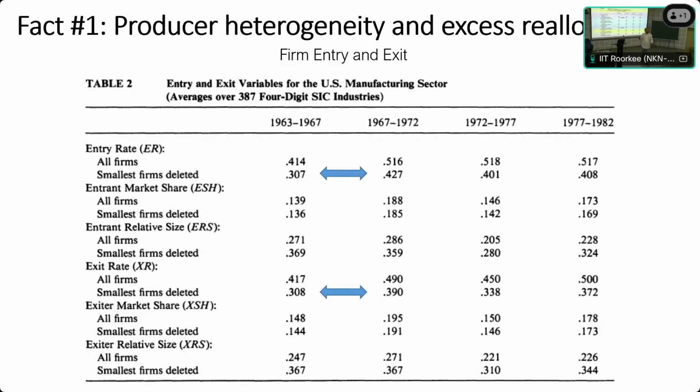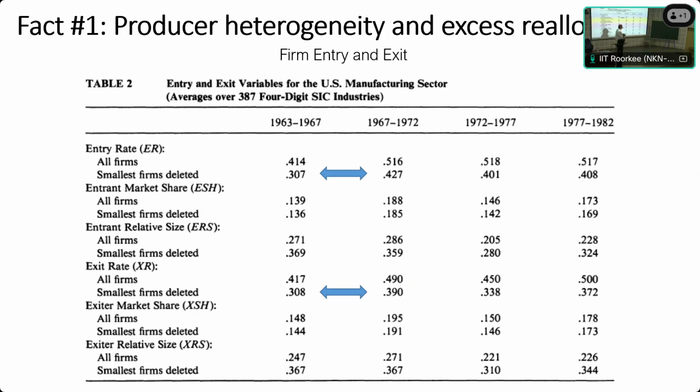But the problem is the exit. Exit also matters because you need churning in the market. If the churning doesn't happen, it creates a misallocation problem, because you are not using resources efficiently. You are not using that land efficiently because you are not producing output efficiently. That's the problem. So it's basically a simple Darwinian process.